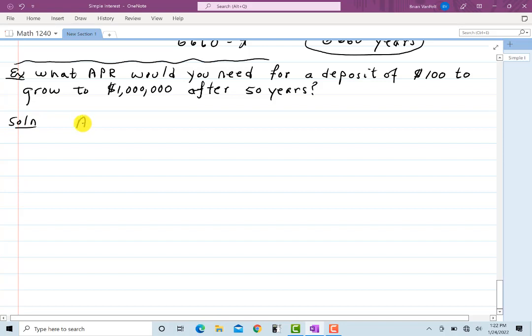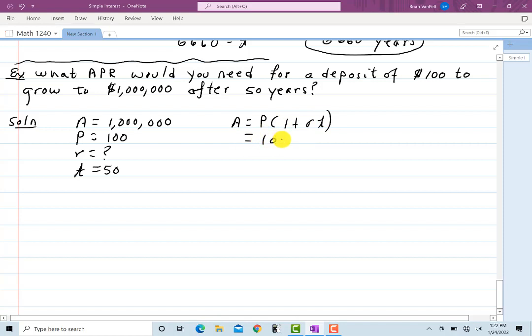So here we have our amount, which is 1 million. Our principal is 100. Our rate, I don't know that. Our time, though, I know to be 50. So let's put these all in. I have A equals P times 1 plus RT. That is 100 times 1 plus R times 50.